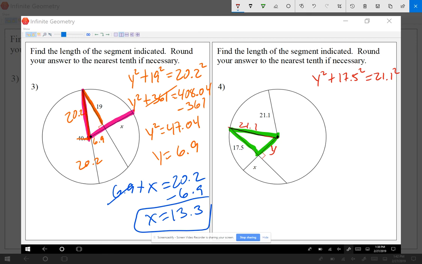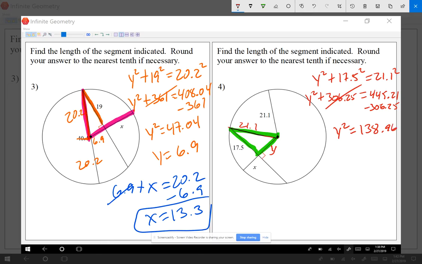Let me find out my squares. So I have that y squared plus 306.25 equals 445.21. Let me subtract 306.25. So I get that y squared equals 138.96.